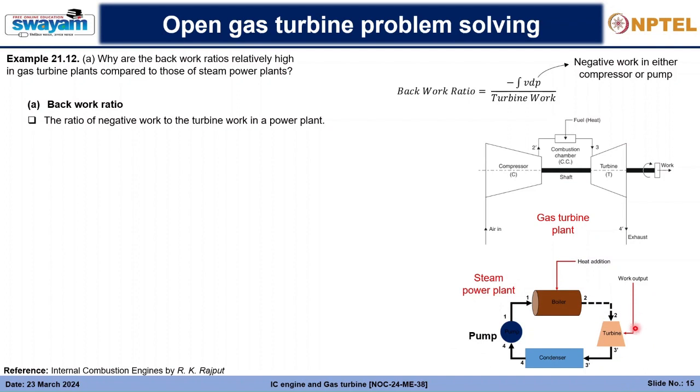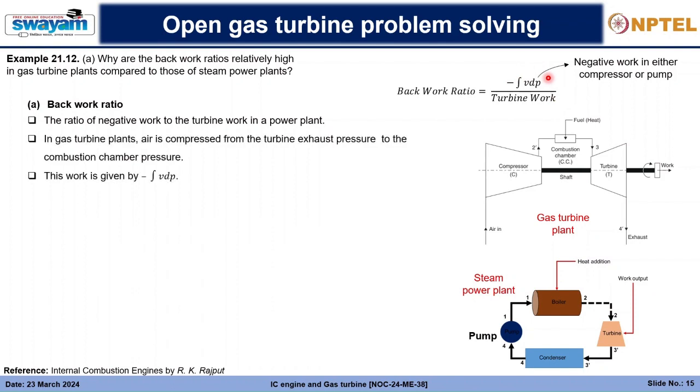So in the turbine the work is recovered for the entire power plant, but some amount of work is required to drive this pump, and the work in the pump is basically the negative work, minus VdP.